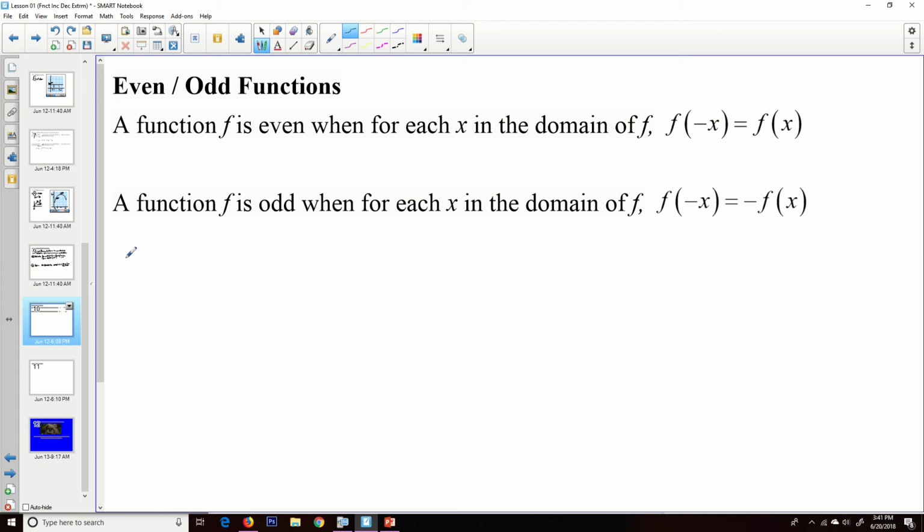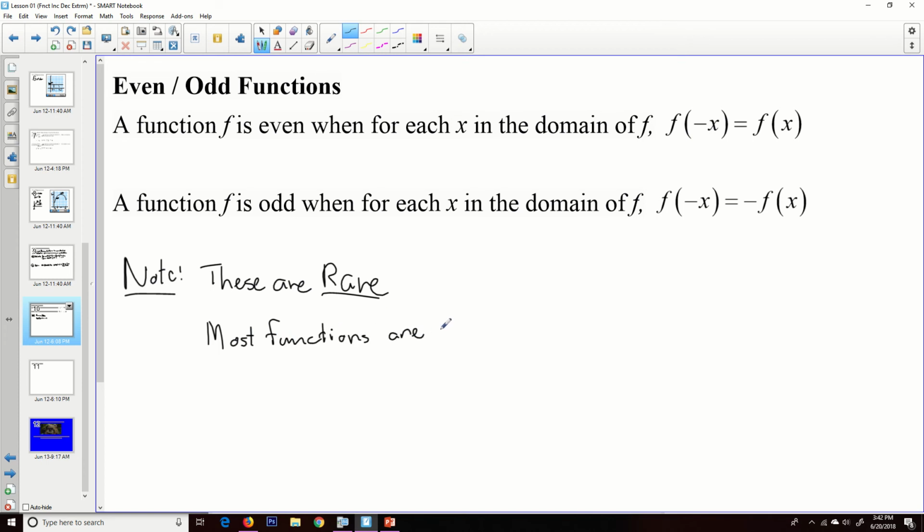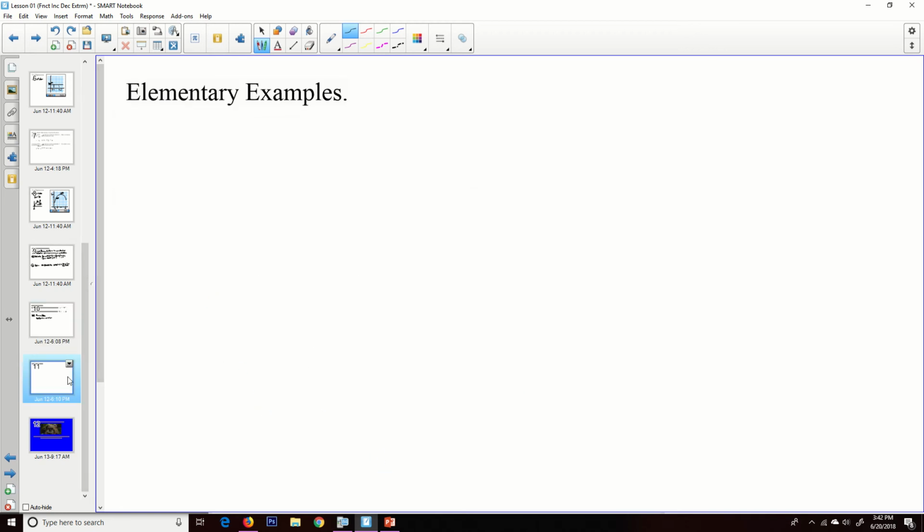And just as a little note, even and odd functions are actually pretty rare. Most functions are neither.